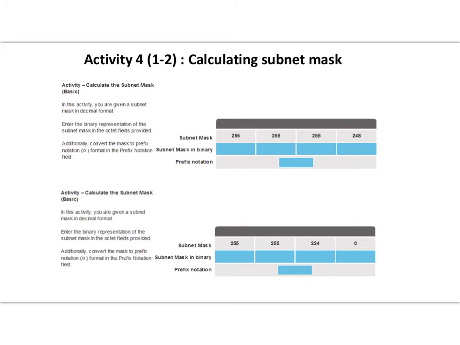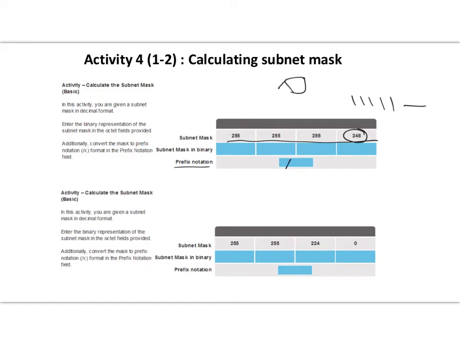These exercises are very, very easy. So we just need to calculate the prefix notation. So we say slash something, that's it. So what is the prefix notation? It's just to convert this decimal to binary and then calculate the number of ones, because this obviously corresponds to contiguous ones, and then the rest will be zeros. So again, this number is one of the numbers that we said we should memorize. So how many ones here? We have 5 ones. And then 3 zeros.